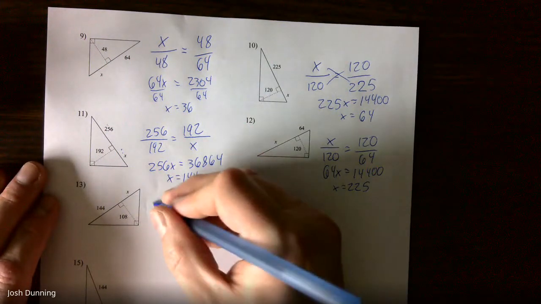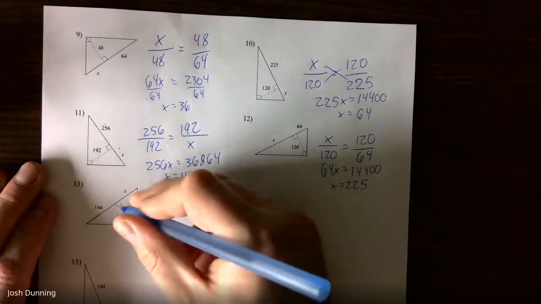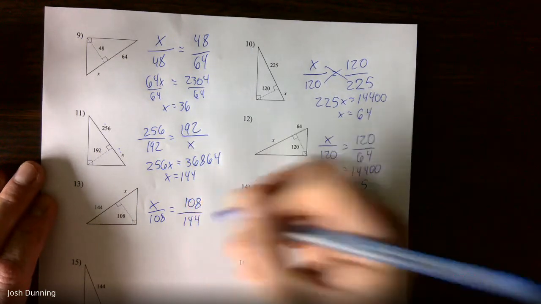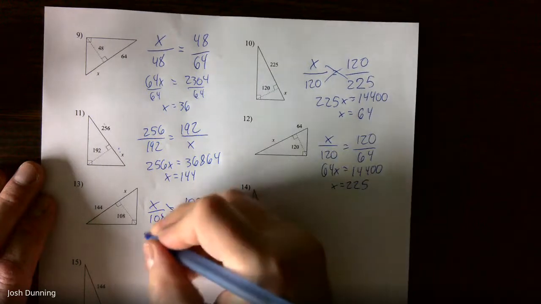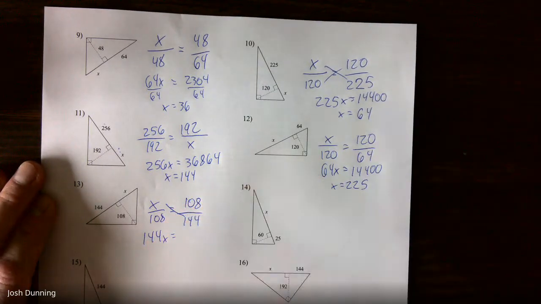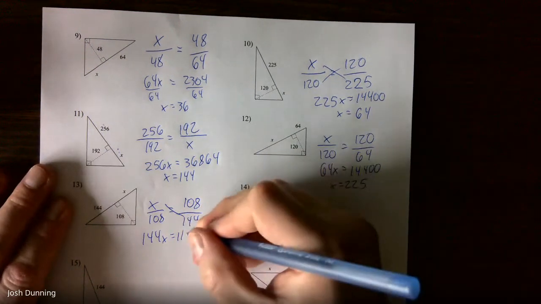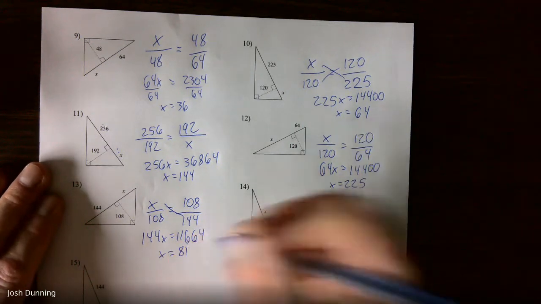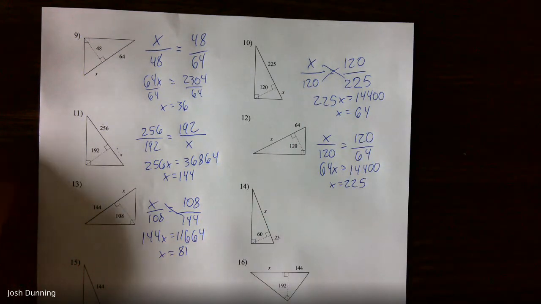Same. Pick a part over the altitude, stay with the altitude over the other part. Cross multiply. 108 times 108, 11,664. Divide that by 144. 81.